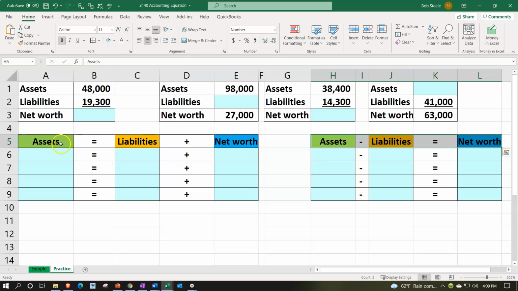The first one is the basic accounting equation from an accounting data input standpoint, and that's because it reflects two sides to the coin. The assets represent what the company has, and then the liabilities and equity or net worth represent who has claim to those assets, either some third party or you, the owner, has claim to the total assets that you have.